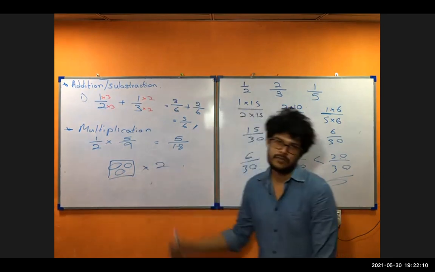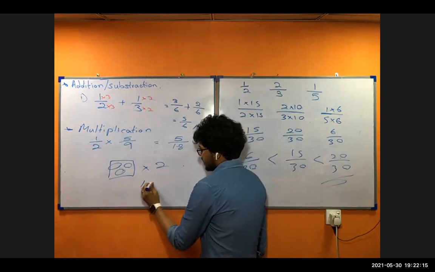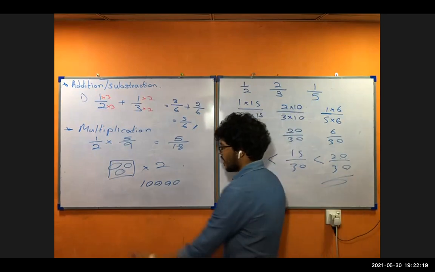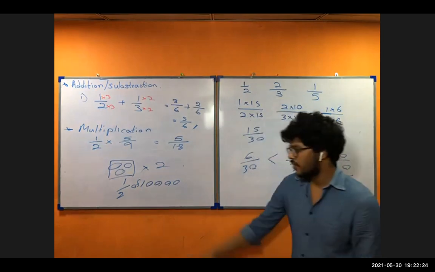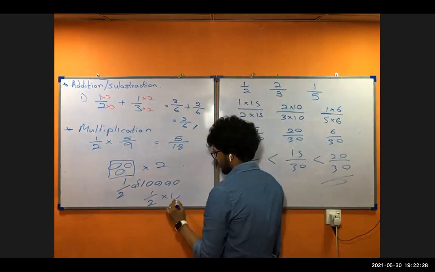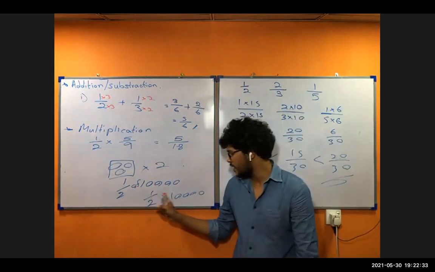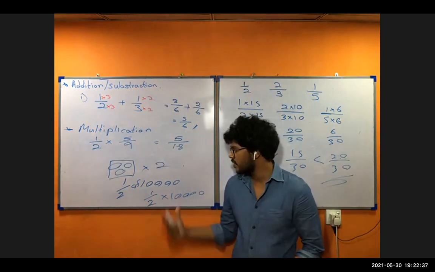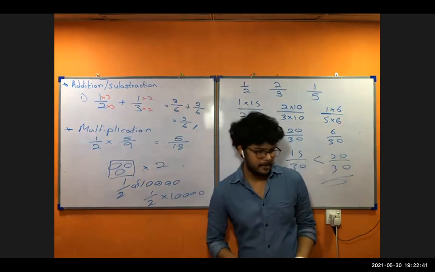Same way, if you have 10,000 rupees, half of this means half of 10,000. So you will simply multiply half by 10,000. We have 2 in the denominator, that means it's a division. So 10,000 divided by 2 is 5,000. So whenever there is an "of", you just simply multiply.